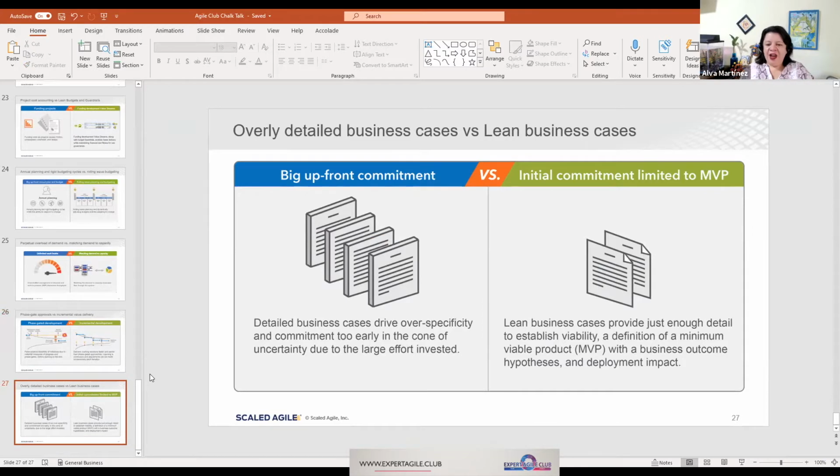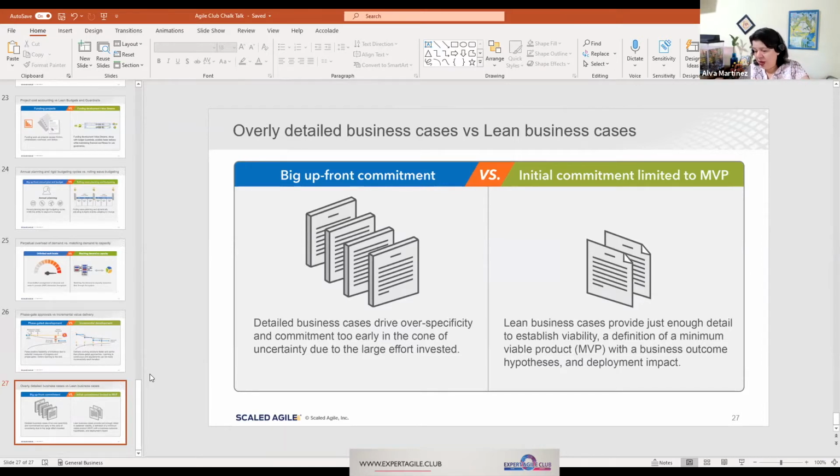And the final proposal that SAFe has on this topic: instead of having these detailed business cases that, at the end, you are just guessing because you really don't know, especially if you have vendors, right?